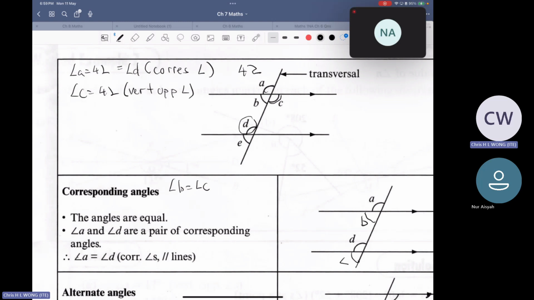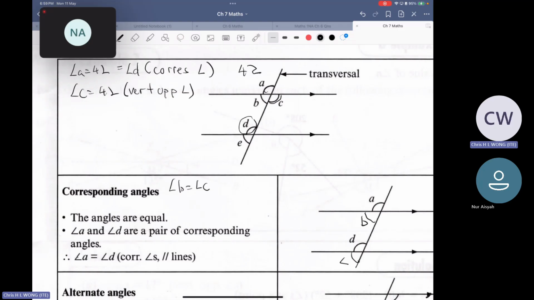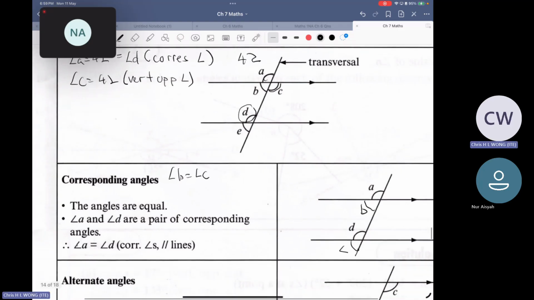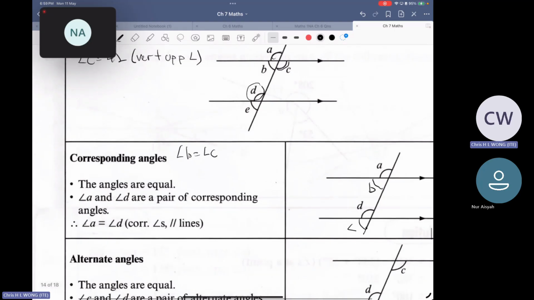Now I'm going to test you. I'm going to erase everything. Oh, you're copying that. Never mind, you just copy first.